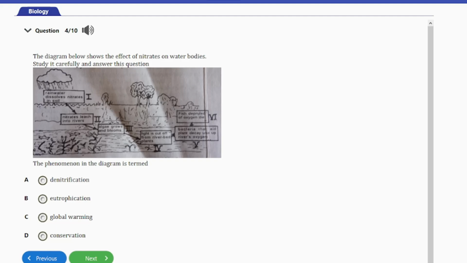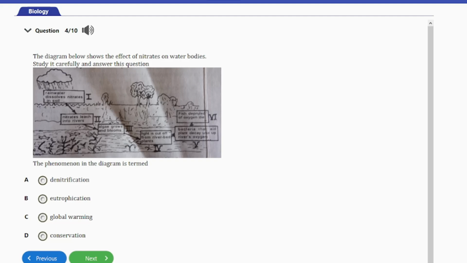Question number 4 here. The diagram below shows the effects of nitrates on water bodies. Study it carefully and answer this question. The phenomenon in the diagram is termed: A. Denitrification, B. Eutrophication, C. Global warming, D. Conservation.